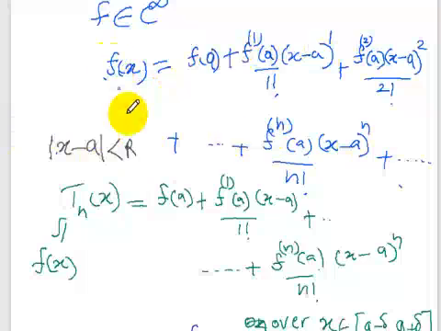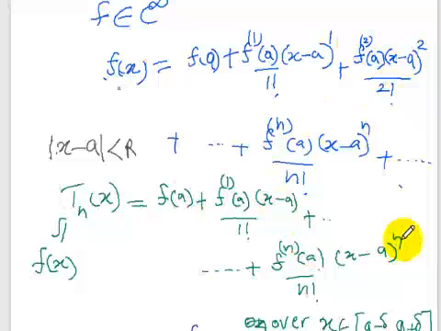Now, let's see, if you consider a part of this series, that means a polynomial. We cut this infinite series off somewhere here, then we get a polynomial. The highest order of that polynomial is n.